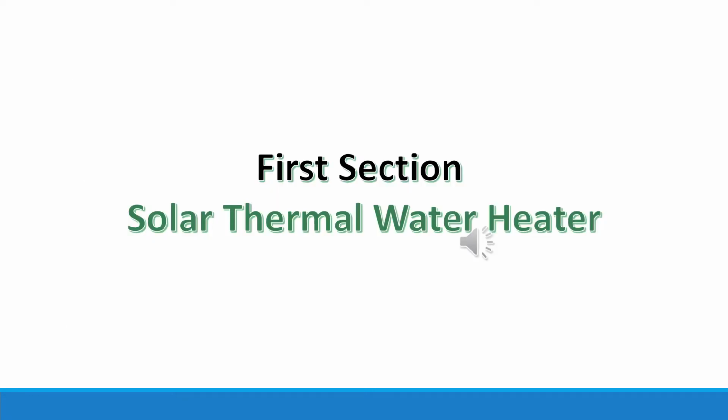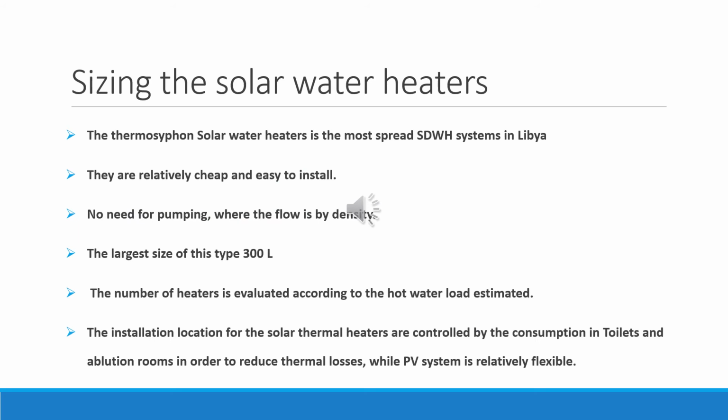So now let's go through the first section of the study, the solar thermal water heaters. First, the thermosiphon system is widely used due to its low price. It is easy to install, and the fluid is naturally circulated, so no pumps are needed. The load estimation is done according to the required hot water loads.